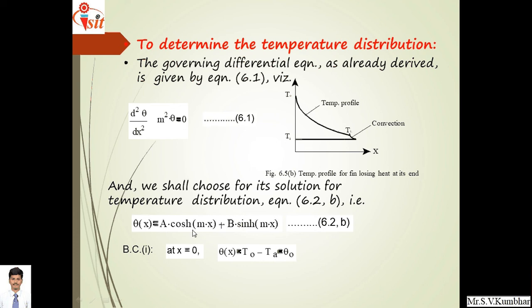Now as there are two constants, we will require two boundary conditions. First boundary condition, at x is equal to 0, then T will be equal to T0. Now putting this boundary condition here, theta x is equal to T0 minus Tx, that is theta 0.